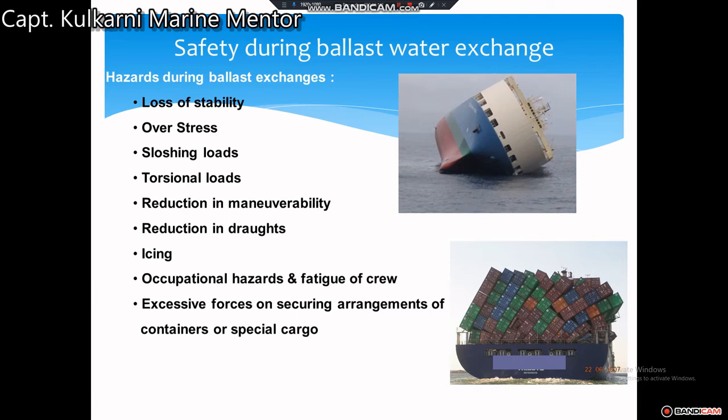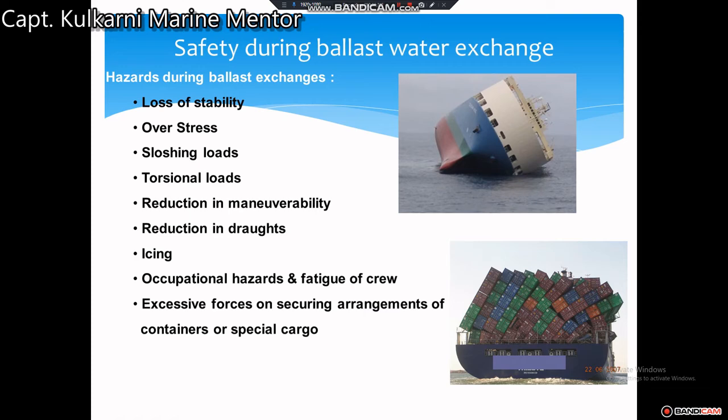Torsional loads, which are there right on top of the wing tanks, should not be excessive. Reduction in maneuverability: it should not be that you are down by the head and you cannot maneuver the ship properly. Reduction in drafts: the draft of the ship should not be such that the propeller is coming out. Next is icing.